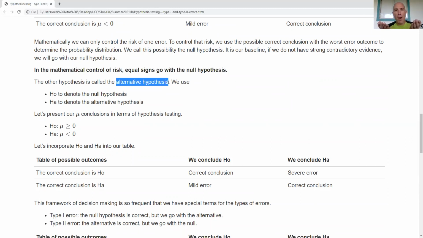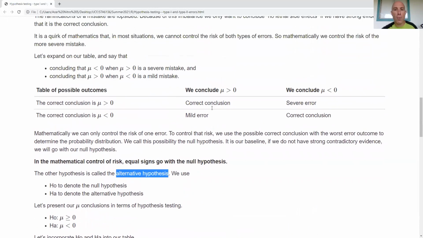The alternative hypothesis is where, if I go with it and it's wrong, I have the more severe penalty. So if I conclude the null hypothesis is correct, then either I'm correct or I suffer mild consequences. If I conclude the alternative hypothesis is correct, then either I made the right choice or I'm dealing with a more severe penalty.